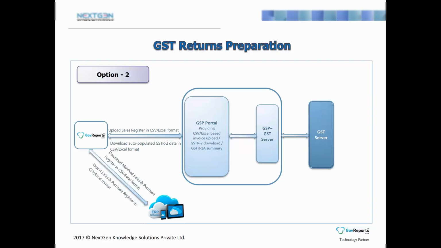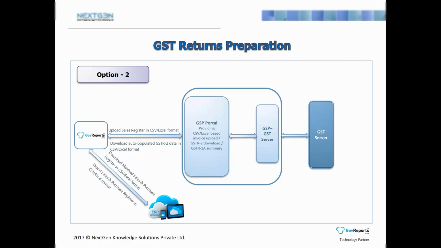In case of large taxpayers where the accounting systems are separately maintained, in the form of say Tally, ERP or any of the other customized accounting software, the data of the sales and purchase register can be exported to the compliance software in Excel or CSV format. Then the compliance software can prepare the return and upload the data in CSV or Excel format to the GST portal.